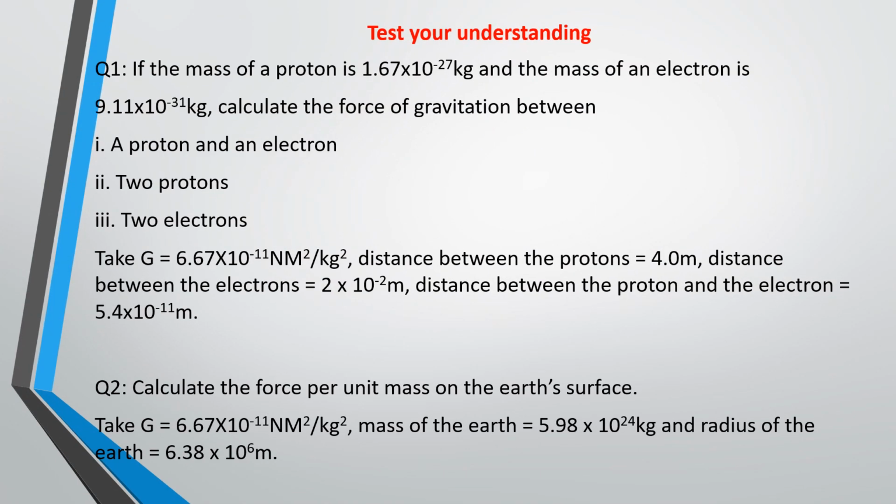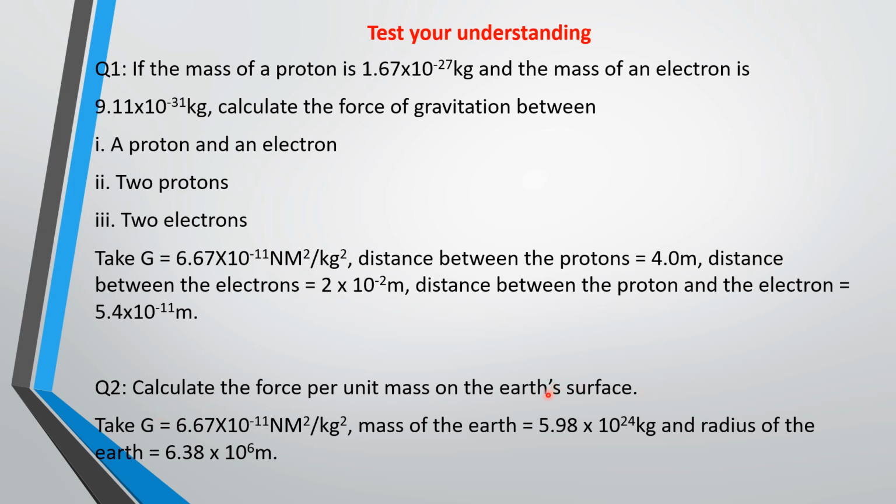Please guys, these are questions for you to try your hands on. These questions relate most of the things that we've discussed. Remember the equations for the force of gravitation between two masses. With that, you can solve this question, looking at the distances apart of the masses, then calculate the force per unit mass on the earth surface.